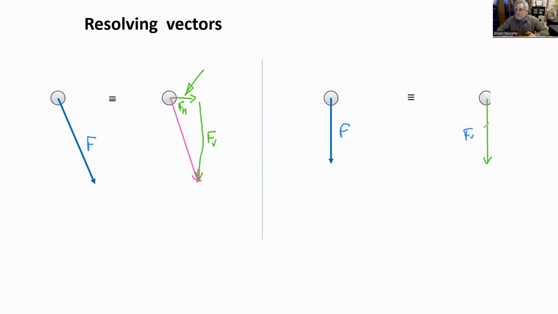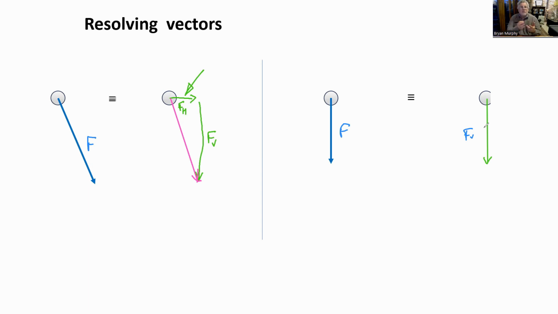Now, what is the horizontal component of the force? Well, there isn't one. There is no horizontal component of the force. Okay, now that's an important phrase. There is no horizontal component of the force. Sometimes when you practice these things, have a look at the mark schemes, because quite often there is one mark for you saying that there is no component of the force in a certain direction.